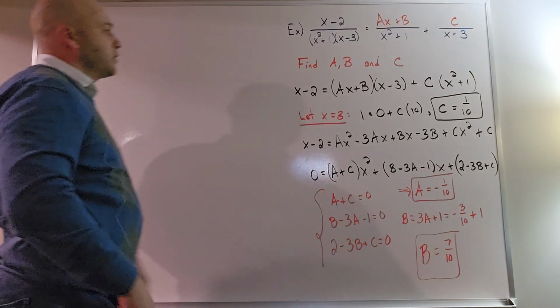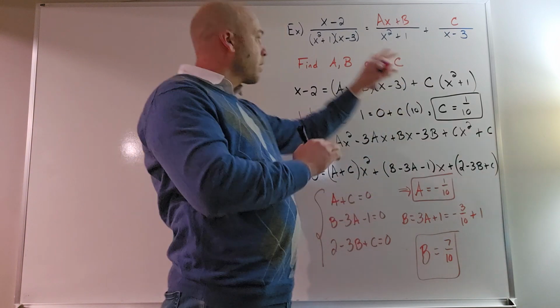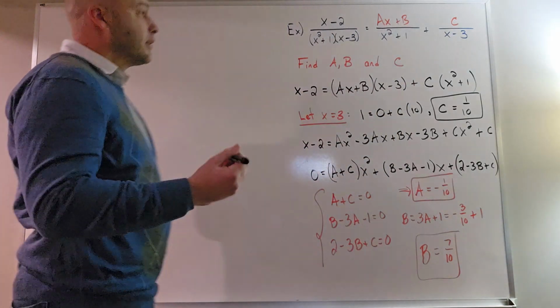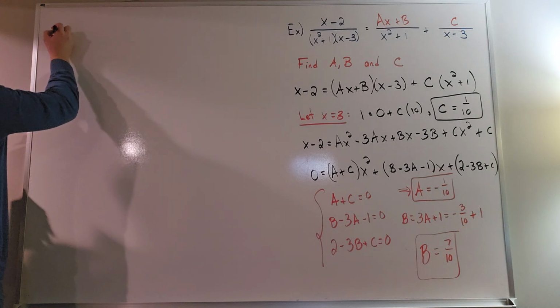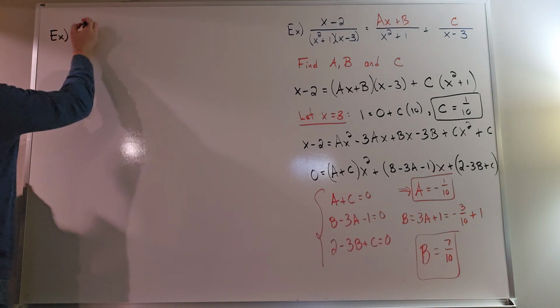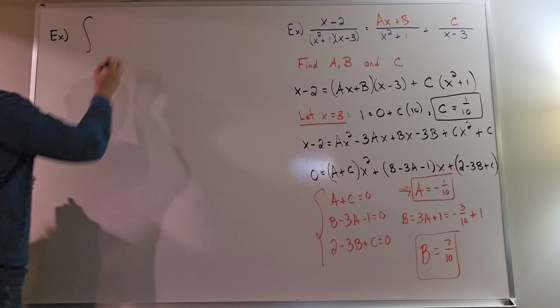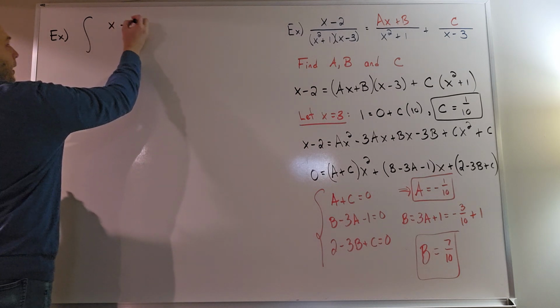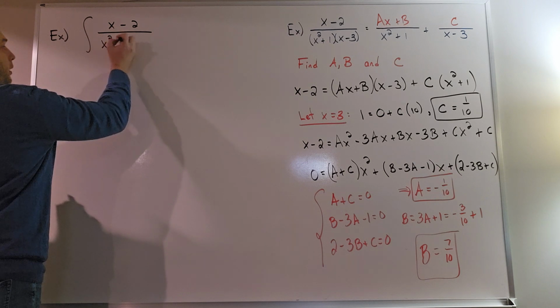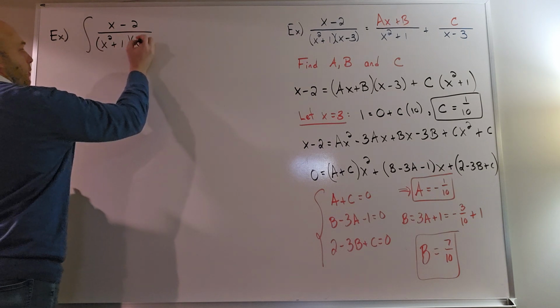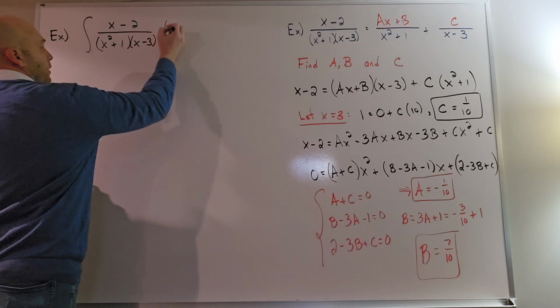And in fact, let's do a little bit more than just summarize the result that we have. Let's pretend we were starting with the following example. Compute the integral of (x minus 2) over (x squared plus 1)(x minus 3) dx.